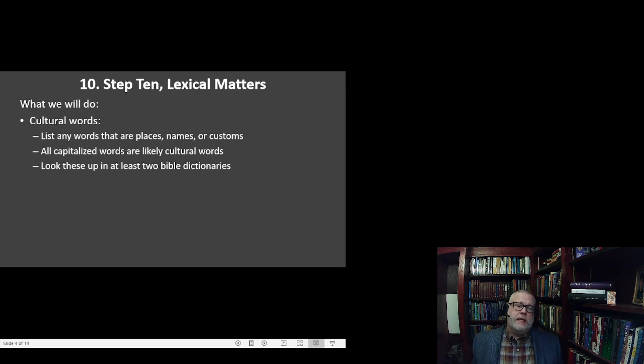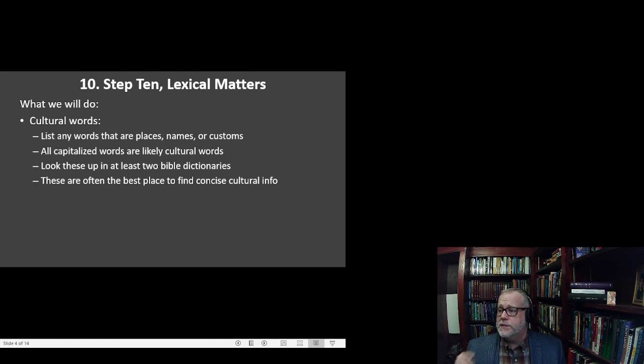The thing you're going to do next is look these words up in a Bible dictionary. And there's so many that you could use that would be useful. Typically, a theological library will have more than one of these to choose from. Just kind of skim through them and pick which one you like best. You're going to look this up in at least 2 Bible dictionaries, and you can, if you have access to it, use the Dictionary of Paul and His Letters as your second one.